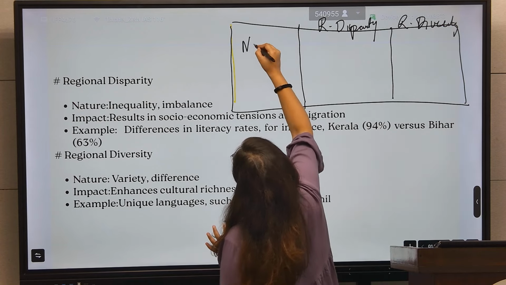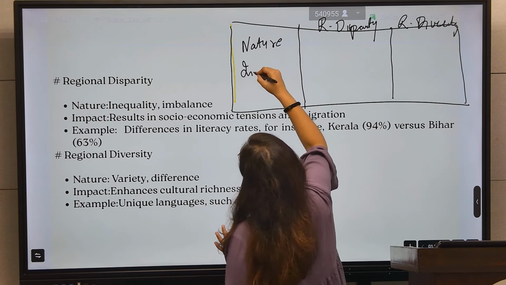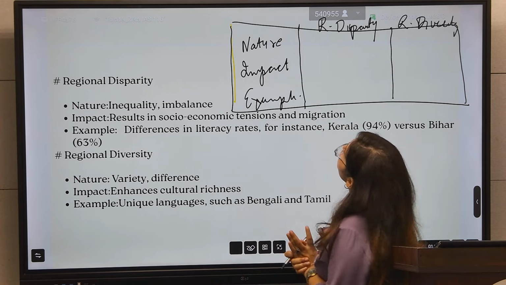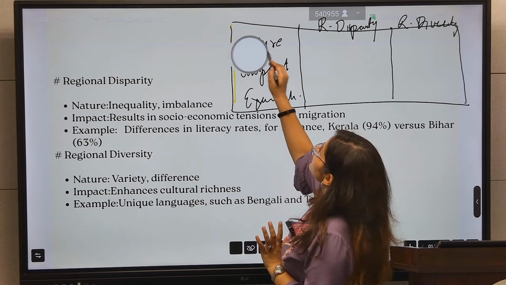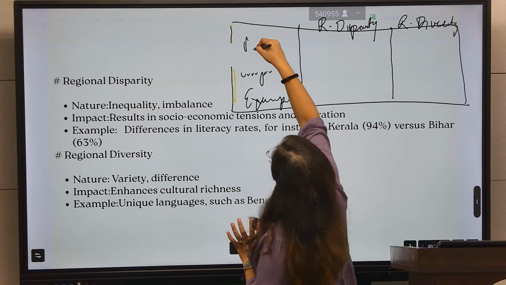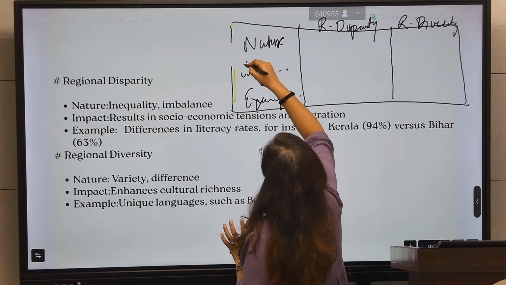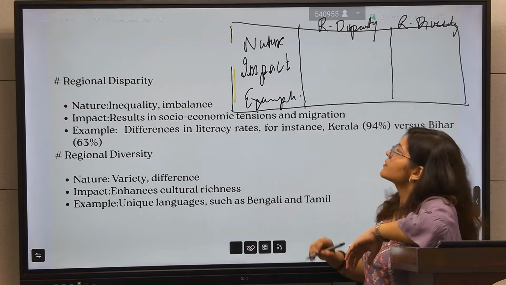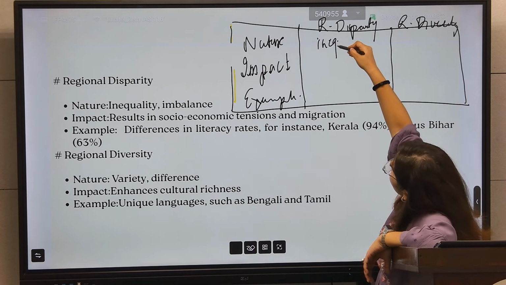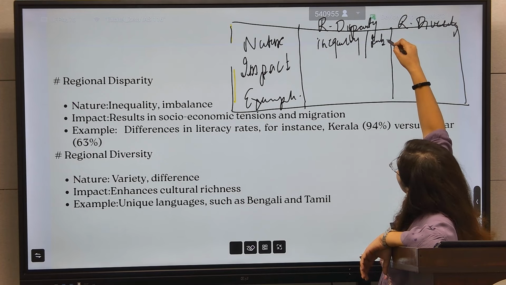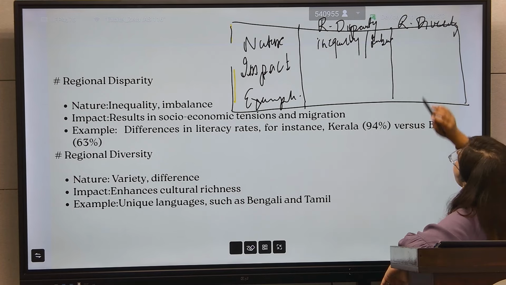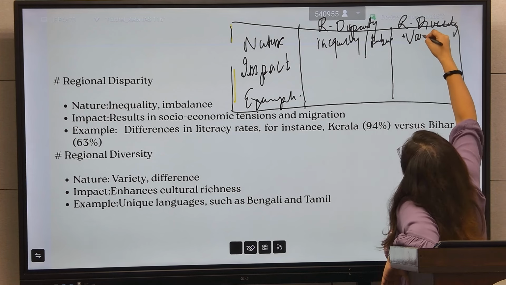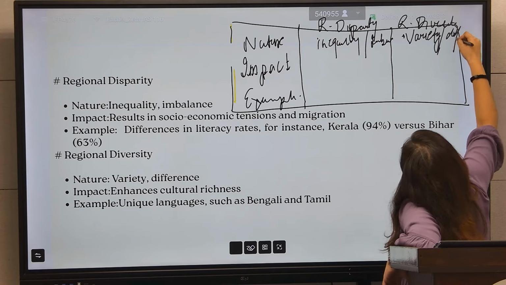And here first is nature, second is impact, and third is example. If you see regional disparity, the nature shows inequality, imbalance, whereas regional diversity shows variety, differences.